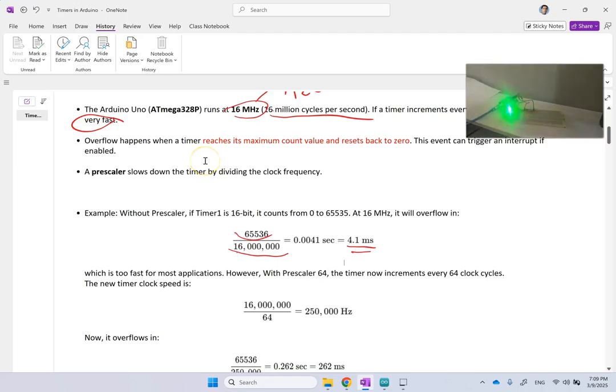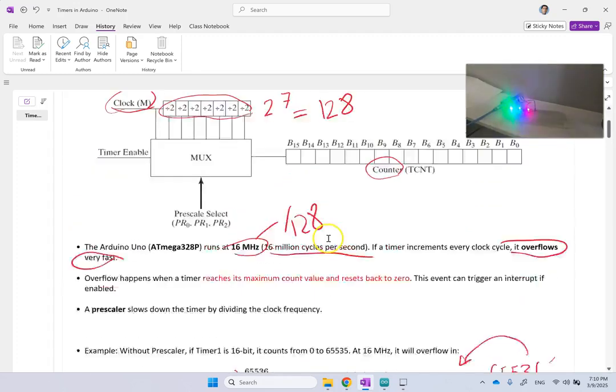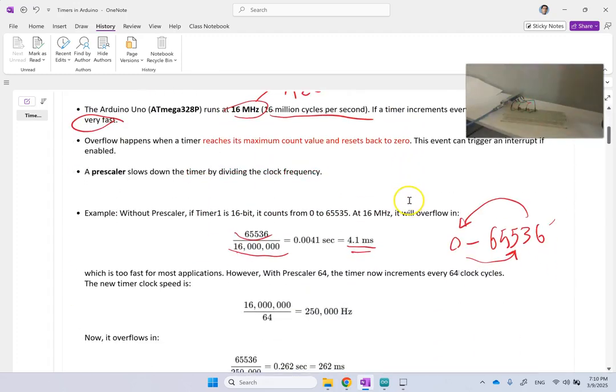So in 4 milliseconds, you already counted any number from 0 to 65,536. And once it reaches this number, again, it goes back to 0. That is where we say it overflowed. So that is the meaning of overflow, and that is the meaning of prescaler, to scale it down.